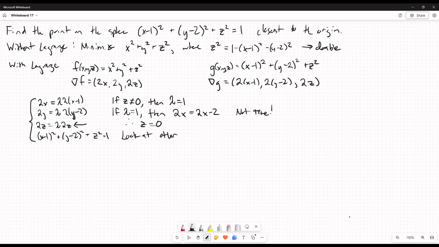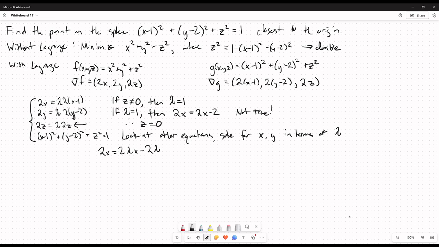So now let's look at the others. What I found easiest to do in solving this problem is solving each of these for x and y, respectively, in terms of lambda. And some nice stuff happens if you do. That's not always a great approach for these problems, but it's worth doing an example where that is a nice approach. So in our first equation, we're going to have 2x equals 2 lambda x minus 2 lambda.